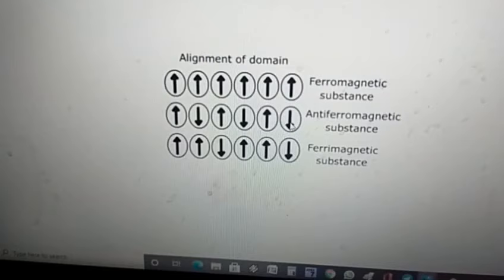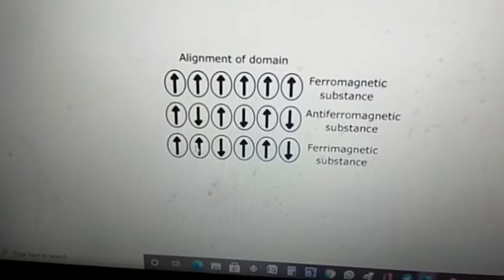Next, ferrimagnetism. It is observed when the magnetic moments of the domains in the substance are aligned in parallel and anti-parallel directions. They don't have a regular arrangement or orientation.